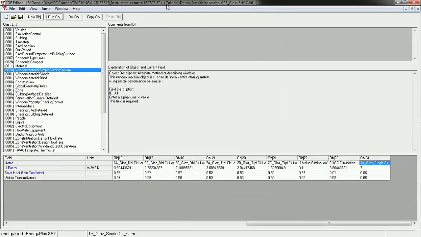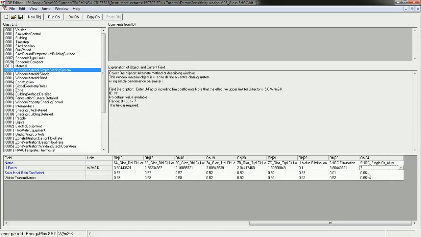I'm going to duplicate this, and I'm going to rename it to SHGC, just like that. I'm just going to change the beginning of it. And I'm going to change the solar heat gain coefficient from 0.66 to 0.1. I'm going to really change it dramatically. So now instead of letting in a good amount of heat, it's going to let in almost no heat. And we'll be able to see what things change.